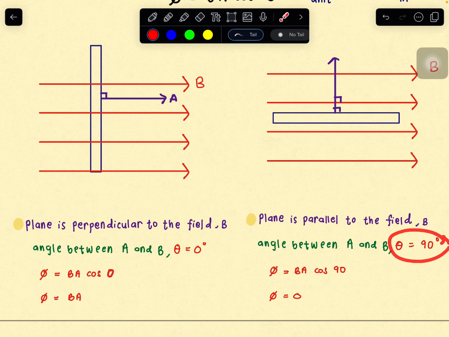It's also 90 degree. So cos 90 kalau tekan calculator, it will be equal to 0. Maksudnya dekat sini, there is no flux passes through the plane. Okay, kamu boleh nampak lah. Tiada magnetic field pun yang lalu dekat plane. So flux dia akan sama dengan kosong. Okay, next one.